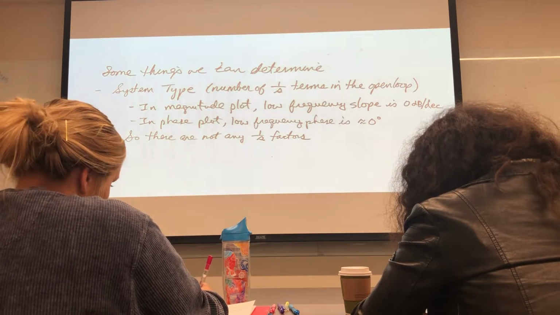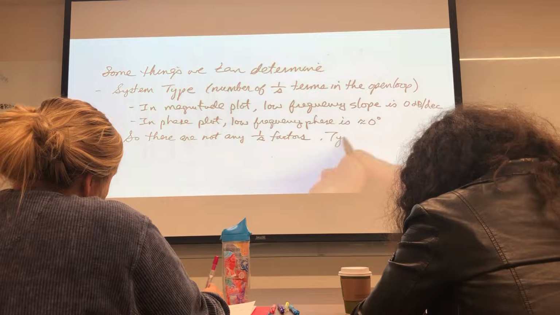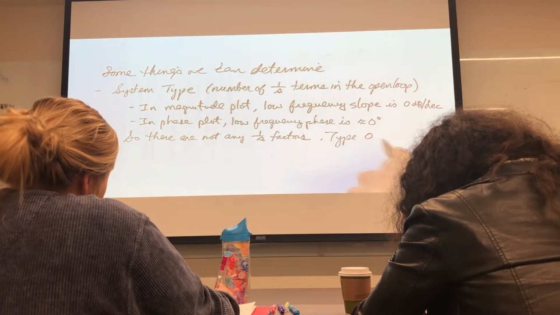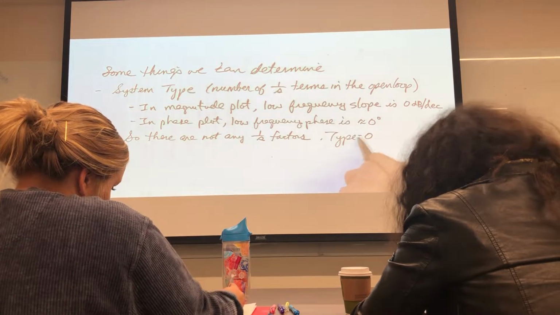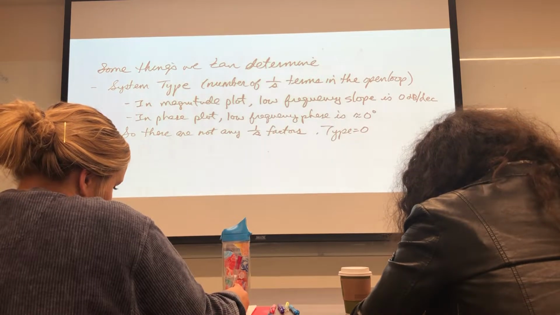Okay, there are not any 1 over s factors. So the conclusion is it is type 0. The type is equal to 0. That's the system type.